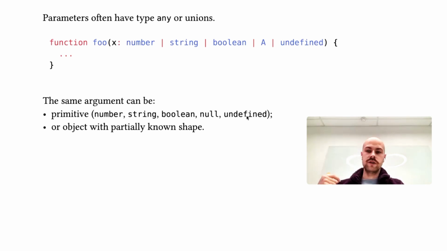So in many cases, we have either really complicated types of arguments or even unknown. And we have no option for static analysis to understand what exactly the structure of these objects will be. This is extremely common in real code and makes analysis very difficult.